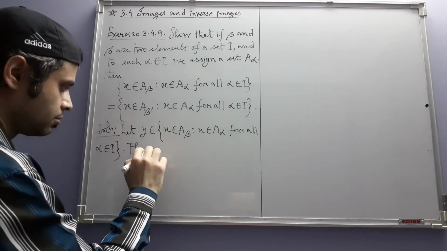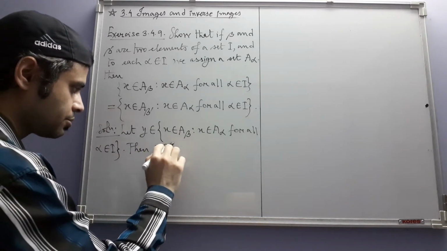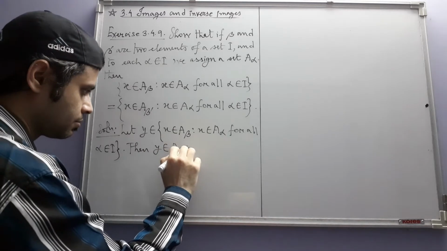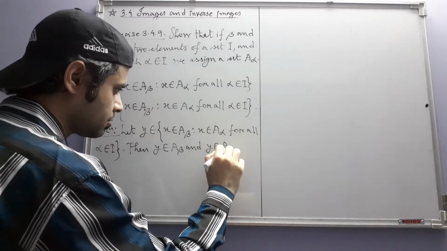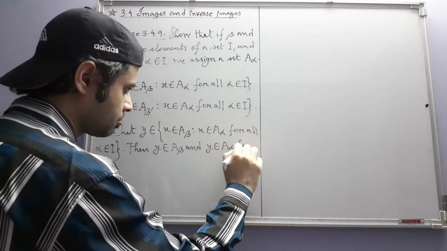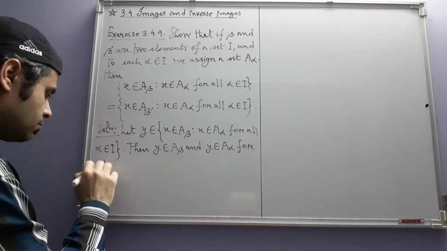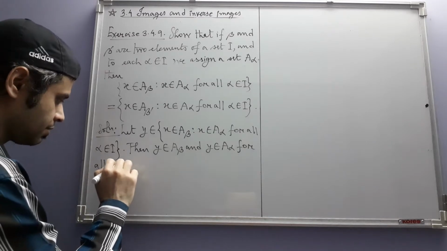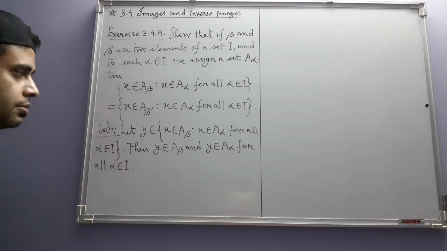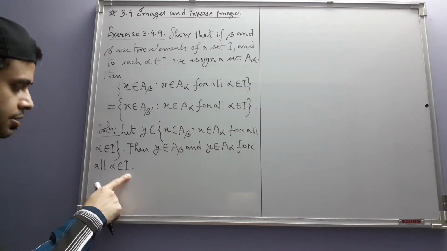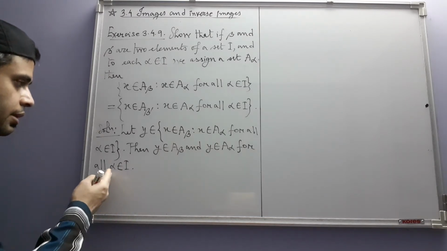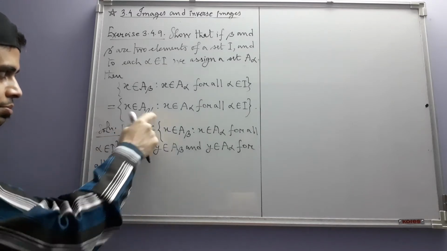Then y belongs to A beta and y belongs to A alpha for all alpha belonging to I. Now, since alpha is any index or any label, in place of alpha we can choose beta prime.